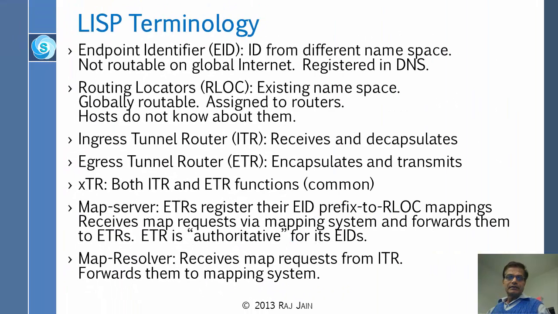Let's define a few more terms to completely understand this. First is the endpoint identifier. The ID is called EID, endpoint identifier, and it is from a different namespace. Now, what is a namespace? Basically, when you take the addresses, that is your address space. For example, at my home, I take the addresses from 192.168.0.1.